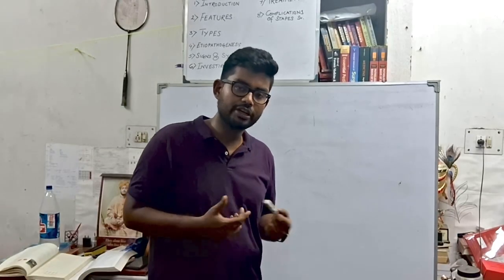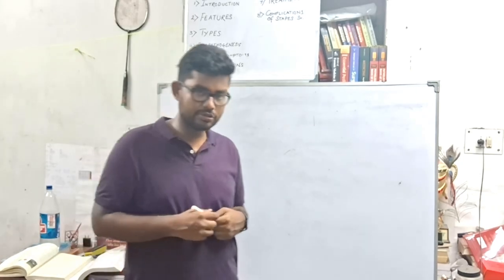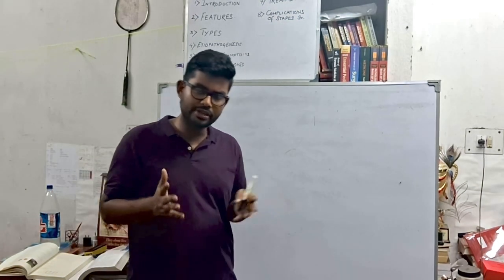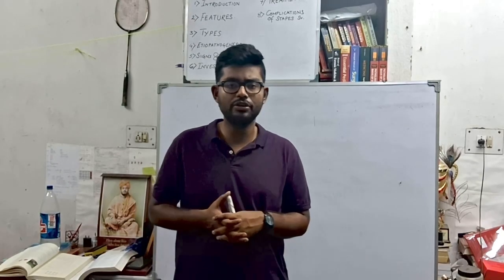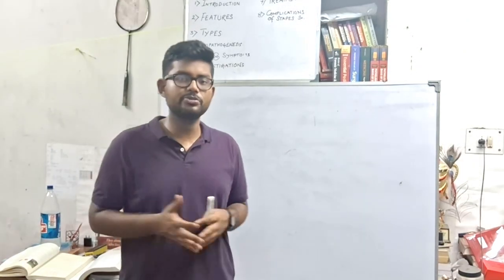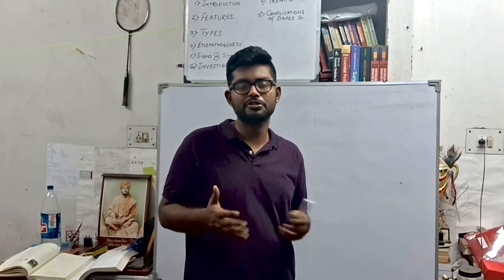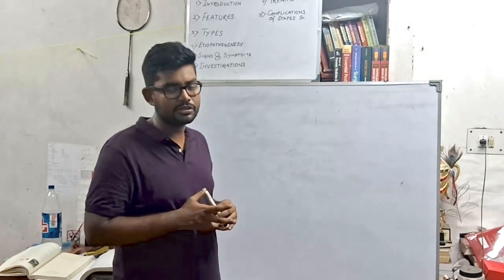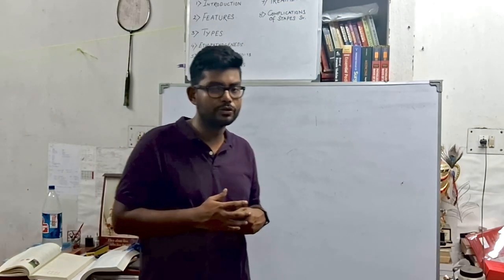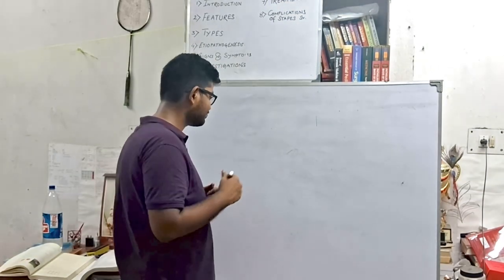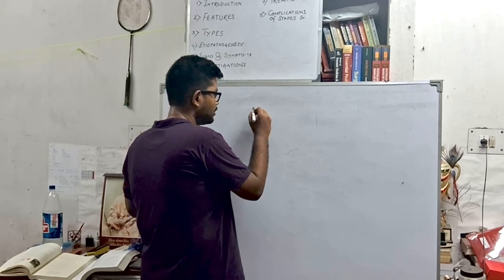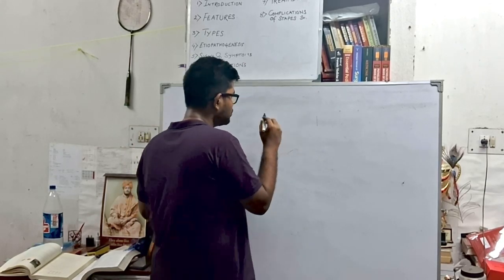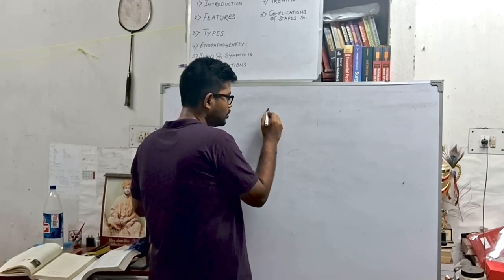So coming to the etiopathogenesis of otosclerosis. The exact cause of otosclerosis is still not known. There are many theories which have been proposed, and they try to explain the disease process in different ways. A few of the factors related to the development of otosclerosis: first, let us try to understand the anatomy of the otic capsule.